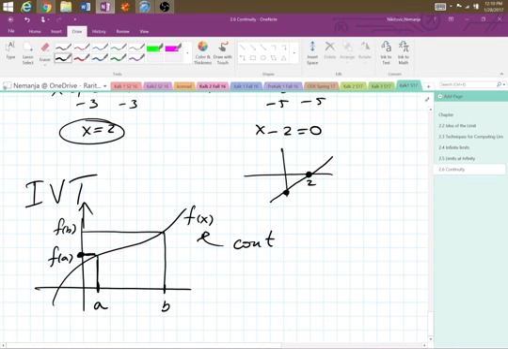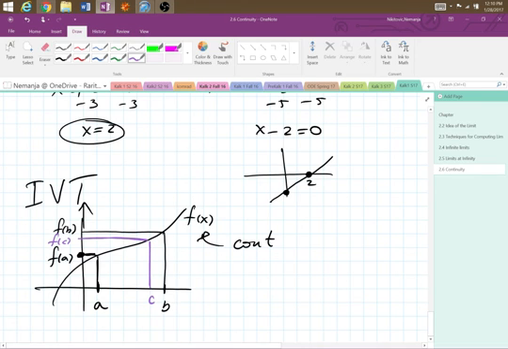If I pick any c in between a and b, say right here, its f of c will be between f of a and f of b. And that only works if the function is continuous. If the function is not continuous, I would be able to find f of c outside of the interval.